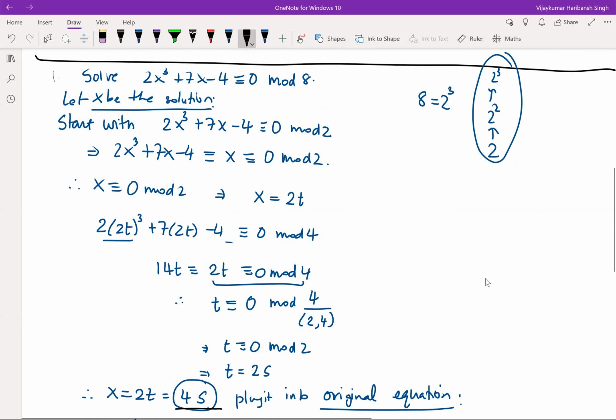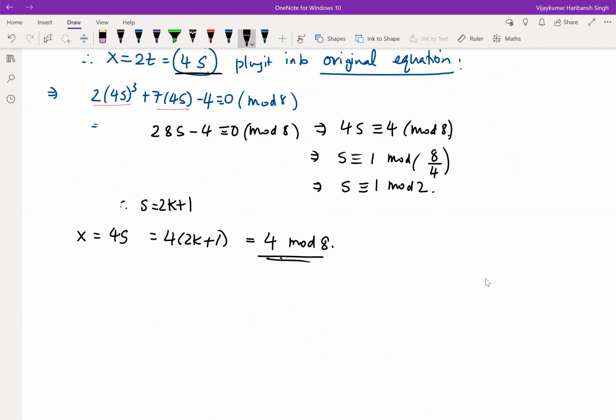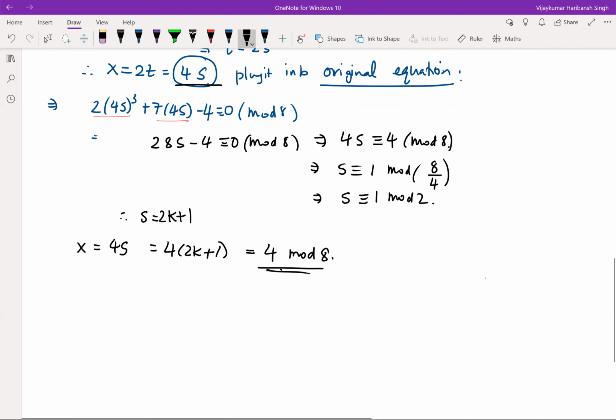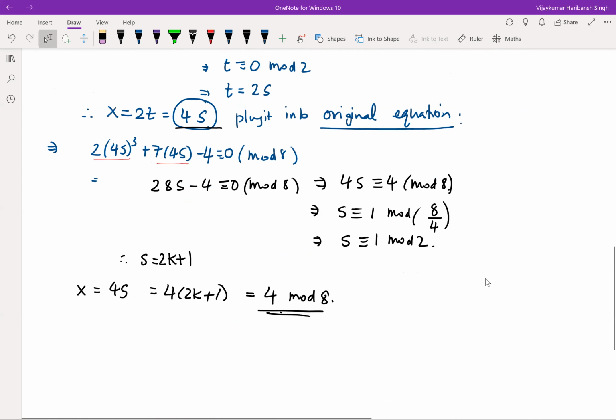Now let's start with the next part. We want to solve the same equation, 2x cubed plus 7x minus 4 congruent to 0 mod 25.